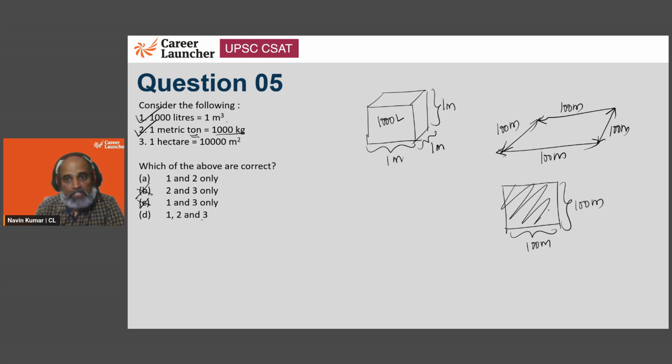This area is called 1 hectare. So basically 100 into 100 will be 1 followed by 4 zeros, which is going to be 10,000 meters square. That's what the area should be. This is 10,000 meters square. So that's exactly what 1 hectare is. So all of the three given unit conversions are correct.